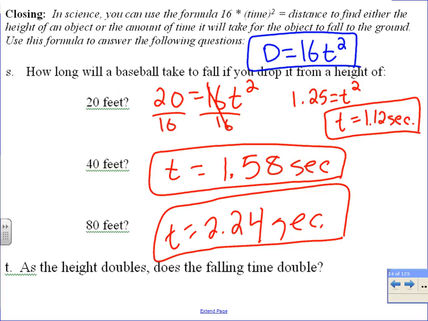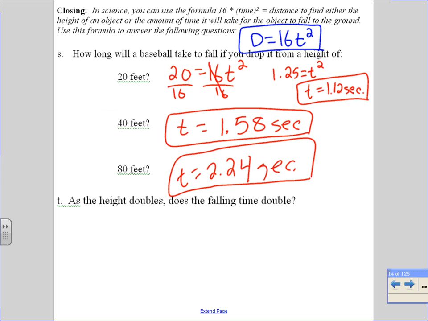Okay, so for letter T, as the height doubles, does the falling time double? What's the answer to that? Camille? No. What does it do? Say that again. Pretty close, yes. Actually, yes, it does.